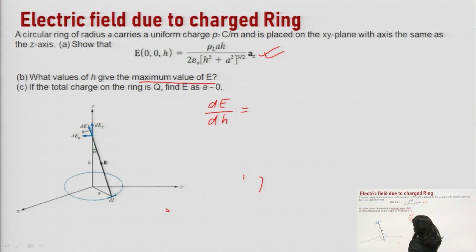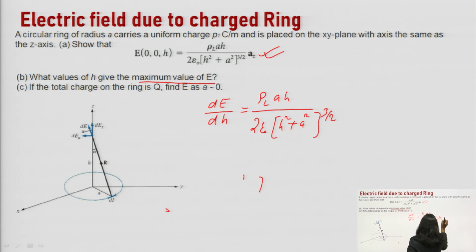So it will be rho L A h divided by 2 epsilon (h square plus A square) to the power 3 by 2 a z.